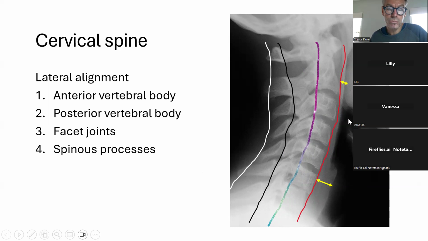The other part of the cervical spine X-ray to look at is the prevertebral fascia and the prevertebral soft tissue. And here, the prevertebral soft tissue is the soft tissue being a bit opaque in front of the vertebral bodies. And you can see the prevertebral soft tissue here that runs down in front of the anterior vertebral bodies.